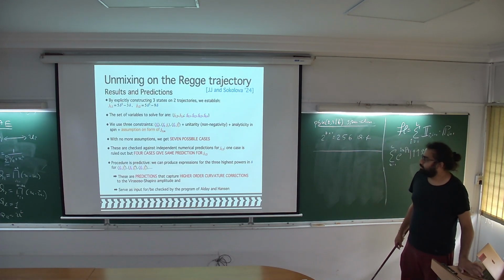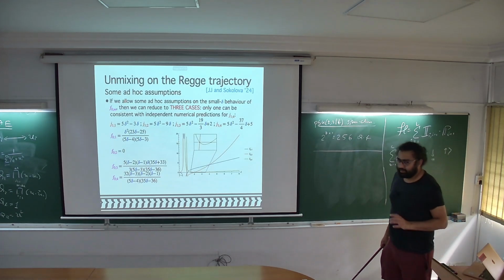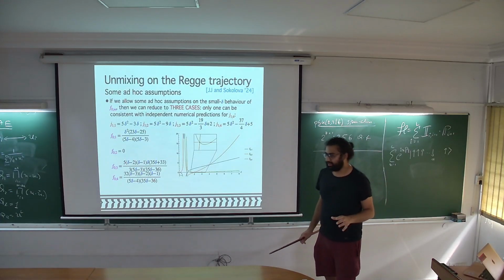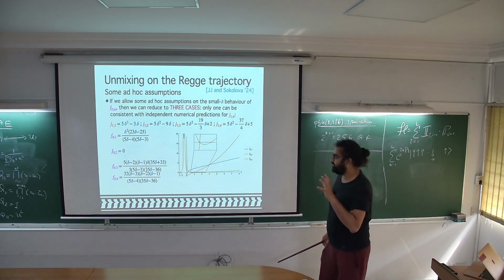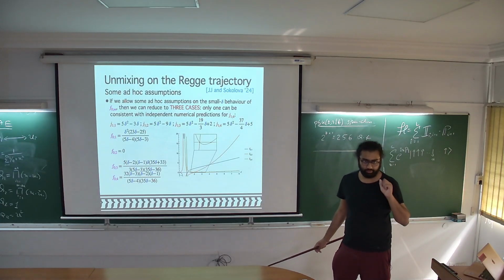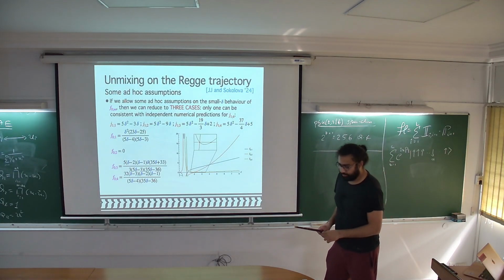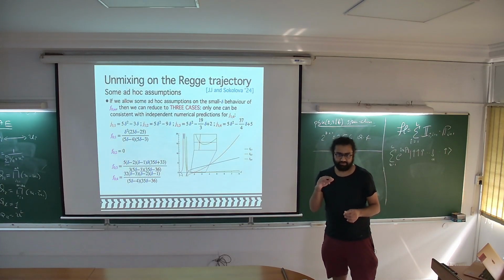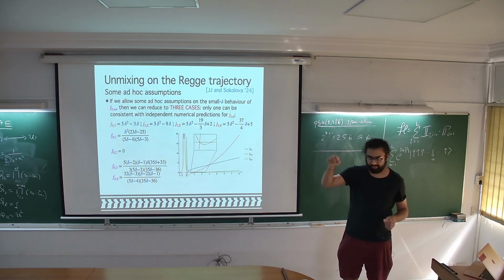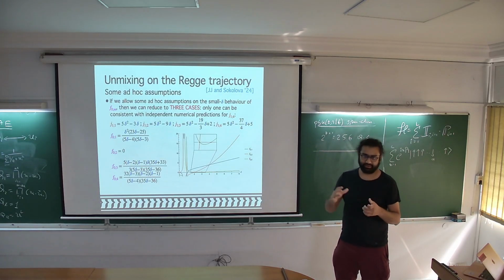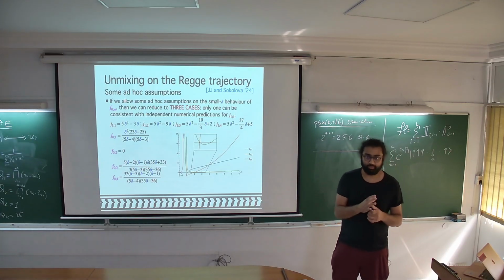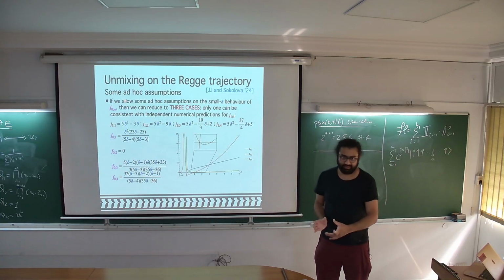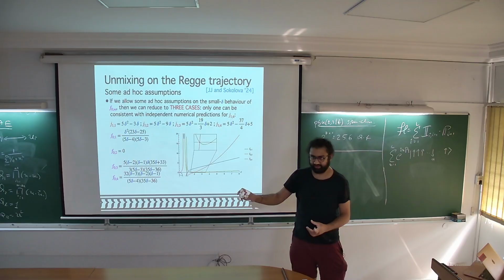All right. Now at this point, to reduce from 7 cases to fewer, we allow ourselves some ad hoc assumptions. What we do basically is construct constraints of the form f0 times j1 to the k, and expand it at small spin. Then we see some patterns in these constraints, and we ask for some particular pattern to vanish.